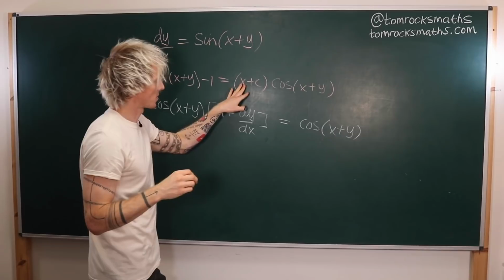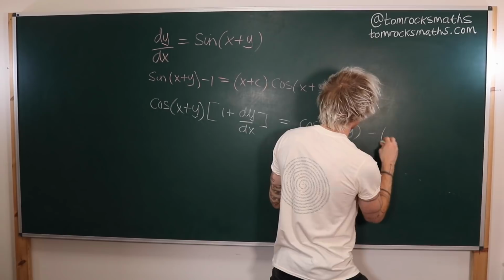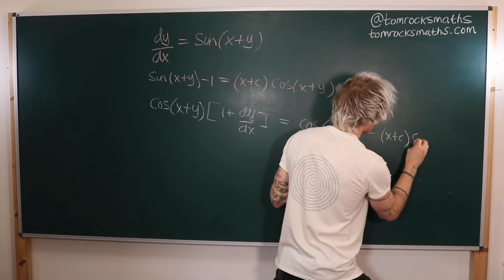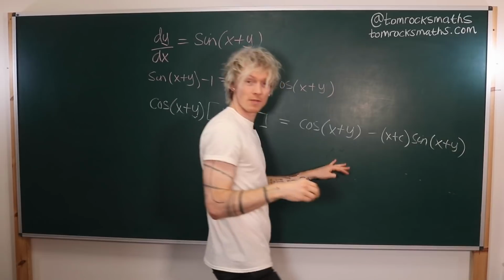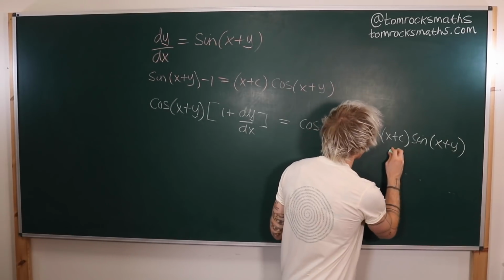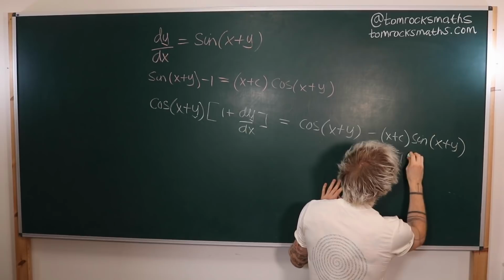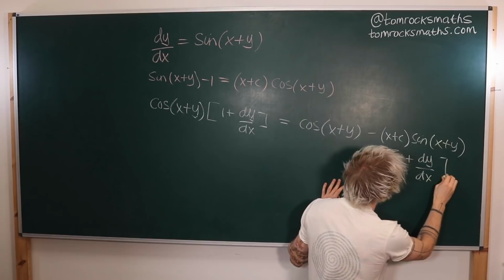And then if we leave the first bracket alone and differentiate the cos, I'm going to get a minus x plus c sine of x plus y. And again, the chain rule says I have to differentiate inside. So this second term is multiplied by a 1 plus dy by dx.